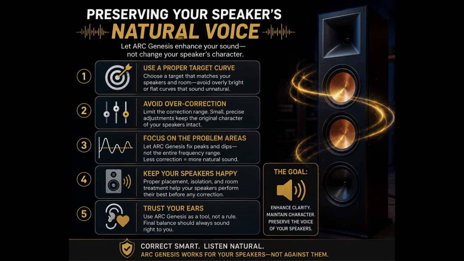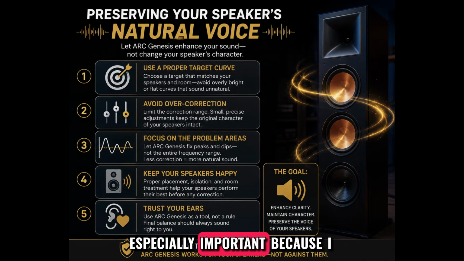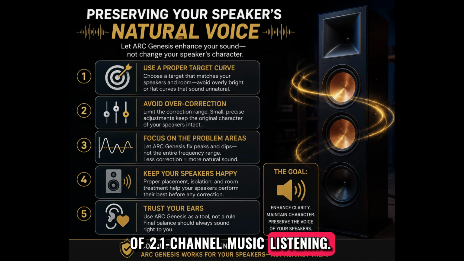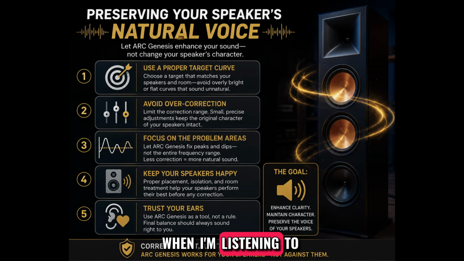Sometimes you don't need to. For me, this becomes especially important because I use my home theater system for a lot of 2.1 channel music listening. When I'm listening to music, I want to hear as much of my speaker's natural voice as possible.